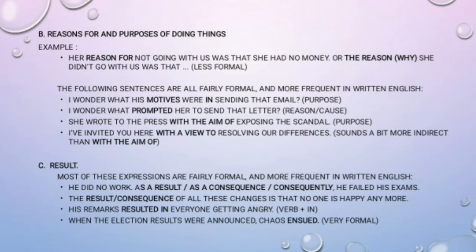Or the reason why she didn't go with us was that... Contoh tersebut, her reason for not going with us menunjukkan reason, suatu alasan dari the reason why she didn't go with us. Tujuan kenapa ia tidak pergi. Kalimat ini sifatnya kurang formal.